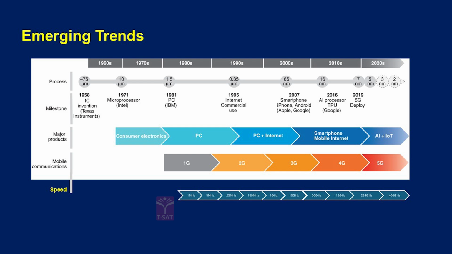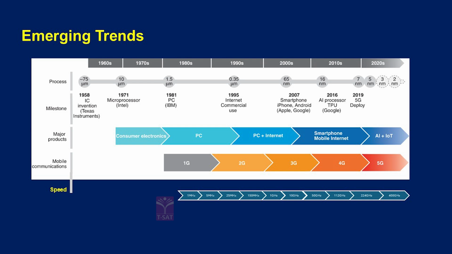Now, in the 2007 time frame, we talked about the smartphone being introduced, iPhone and Android, at 65 nanometer, then 16 nanometer in 2016, when we are talking about processors and higher quality AI processors mainly.